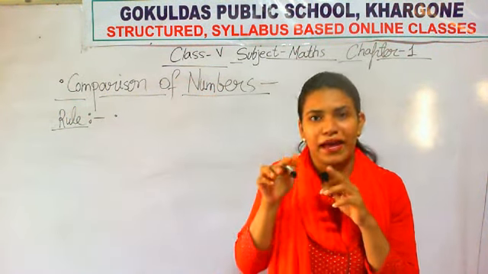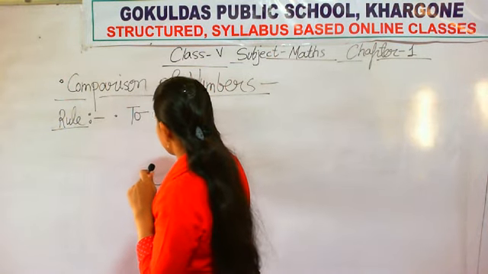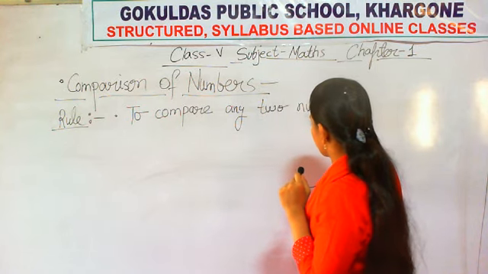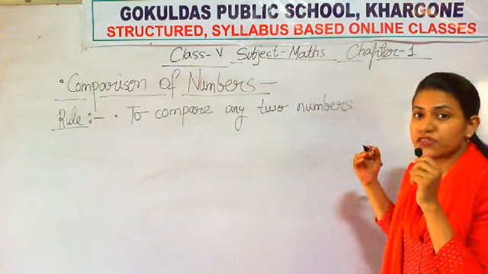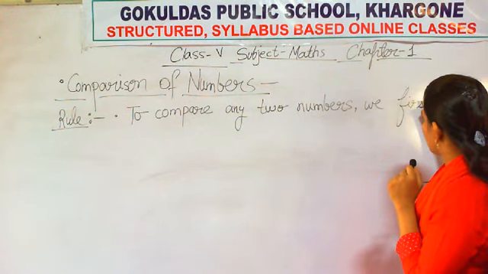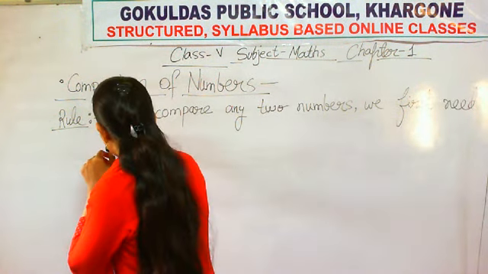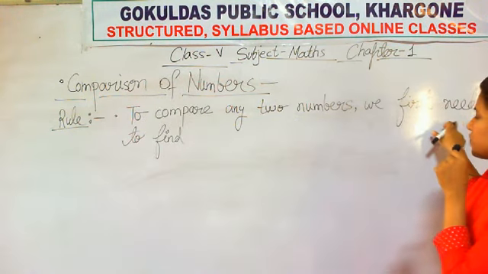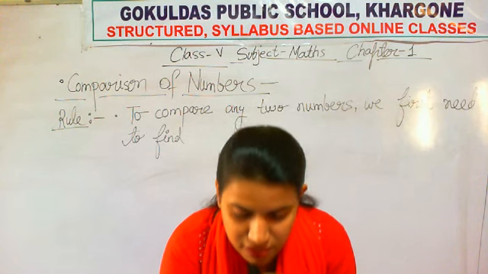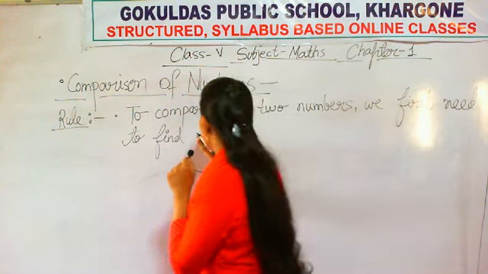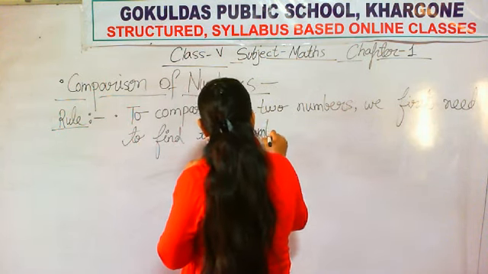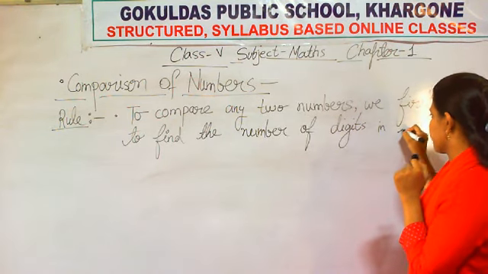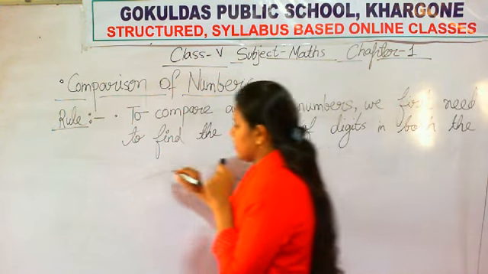To compare any two numbers, we first need to find the number of digits in both the numbers.